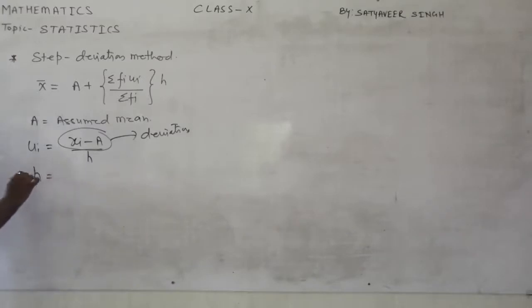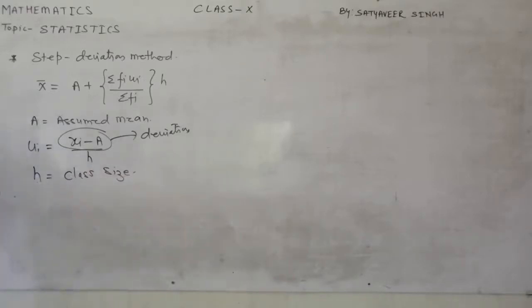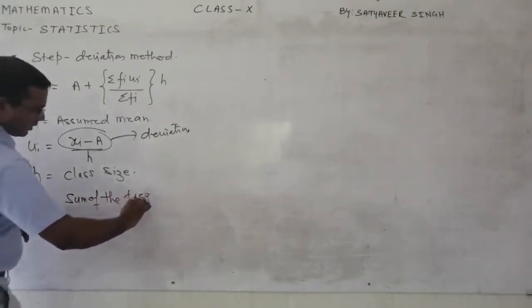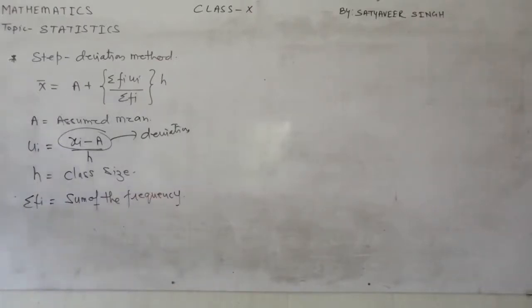H is called the class size. So these are the terms that we commonly use here. What is summation fi? We can understand it as the sum of the frequency. So like this you will have to understand this formula.